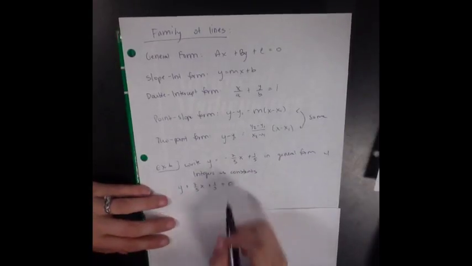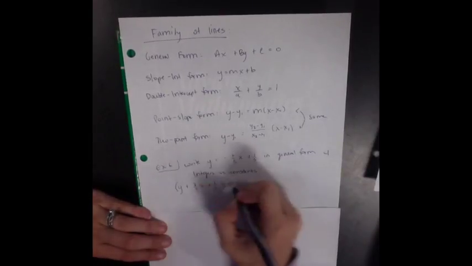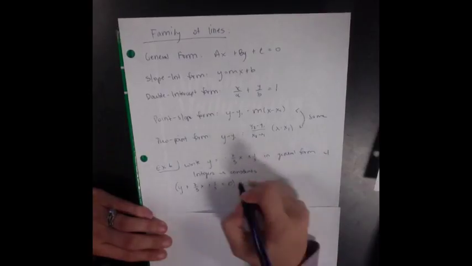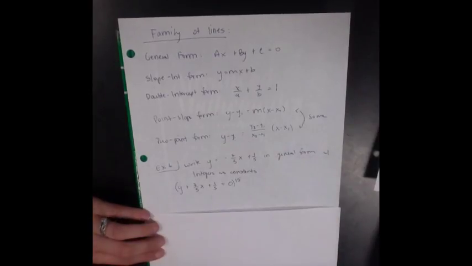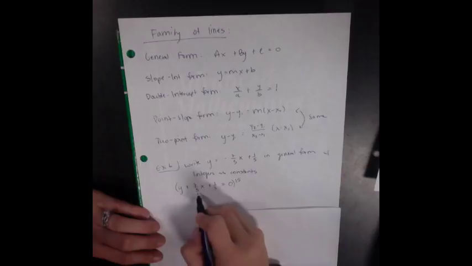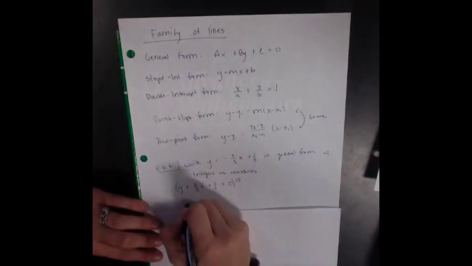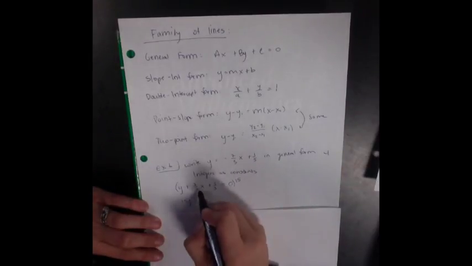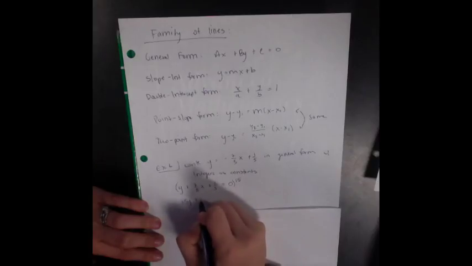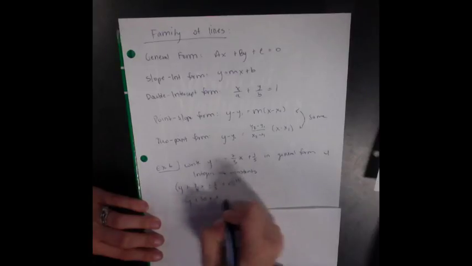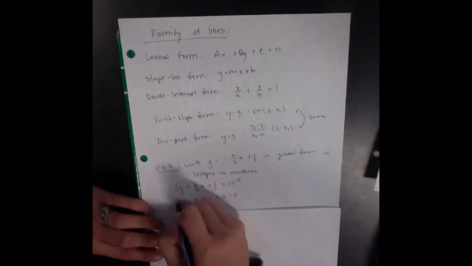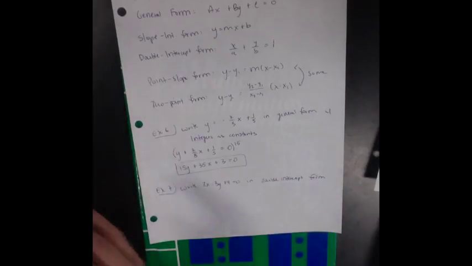Now it wants me to have integers as constants, which means I need to multiply everything by my common denominator, 15, to get rid of these fractions. Giving me 15y plus, now the 3 and the 15 cancel, so I have 7 times 5, 35x, plus 3 equals 0. And there you go. There's my general form.